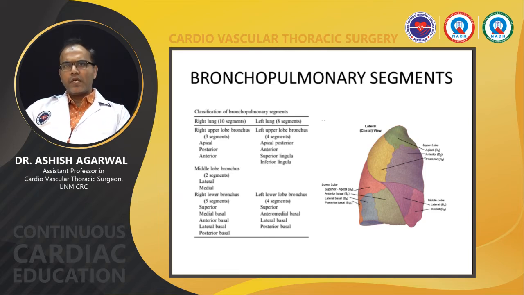So basically we have 3 lobes and 10 segments in the right lung, and 2 lobes and 8 segments in the left lung.